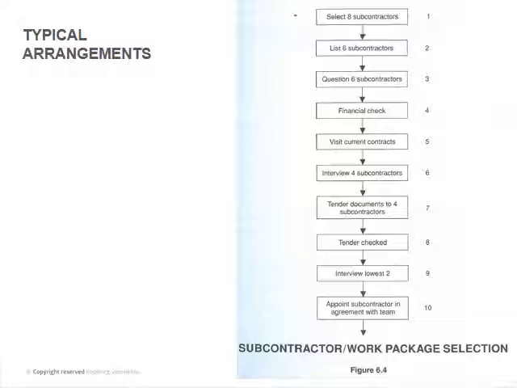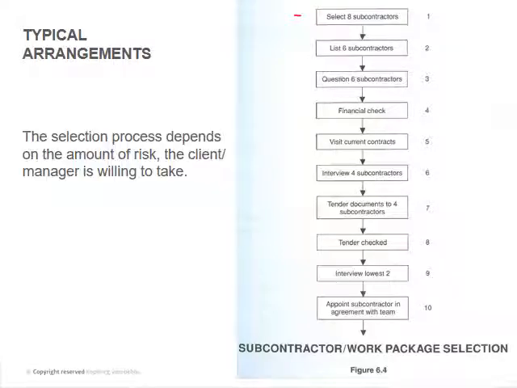You select your subcontractors, you list your 6 subcontractors, you question your 6 subcontractors, you do a financial check, visit some current projects, interview 4 subcontractors, you issue tender documentation to 4 subcontractors, the tenders are checked, interview the 2 lowest ones, see if they're going to play ball or not, and then appoint a subcontractor in agreement with the team.